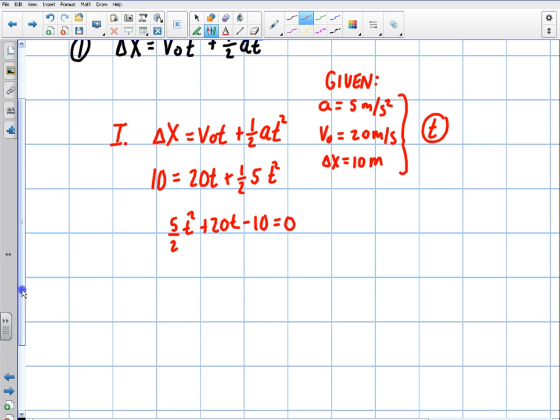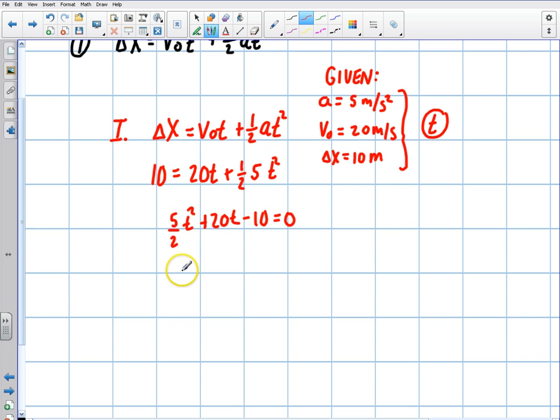And I'm going to multiply everything through by 2 just to get rid of that fraction. So 5t squared plus 40t minus 20 equals 0.